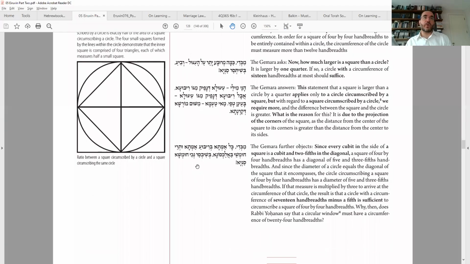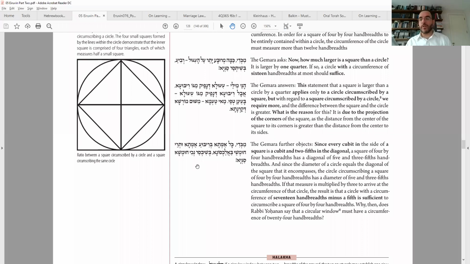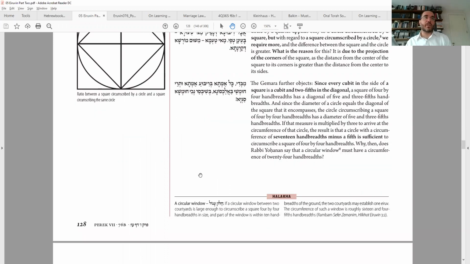Okay, so that's actually rounding down because pi is a little more and the square root of 2 is a little more. Truth is, it would be a little bit more than 17. But with those rounding down numbers, this is the correct formula. So that's how much I need.